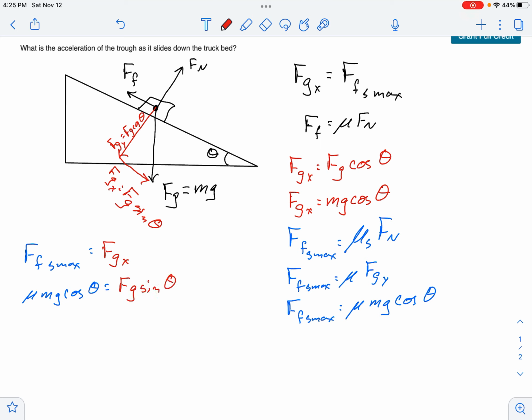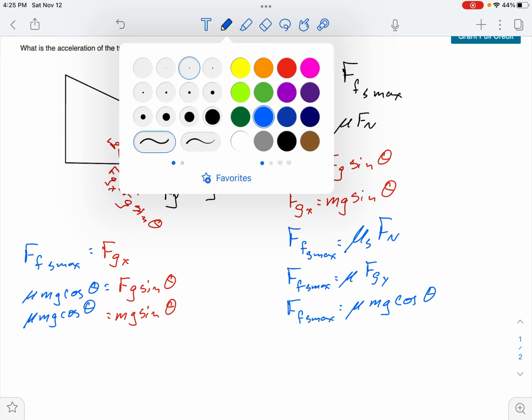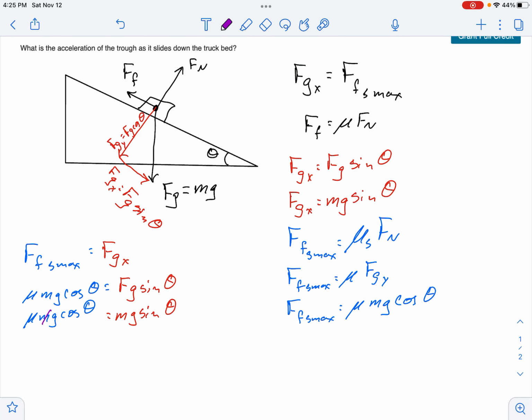So now that we've got those equal to each other, let's go all the way with this substitution. Fgx is equal to mg sine of theta, and over here we've got mu mg cosine of theta. We've got our m and we've got g on both sides.